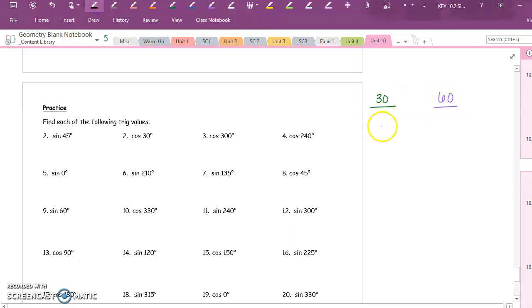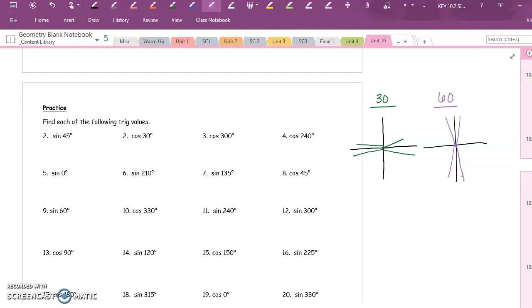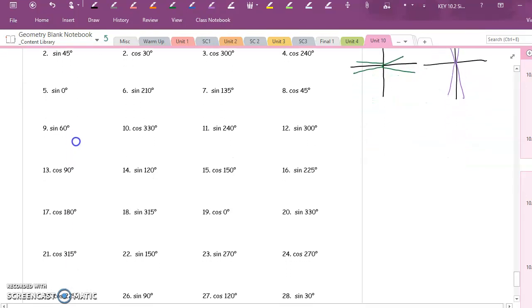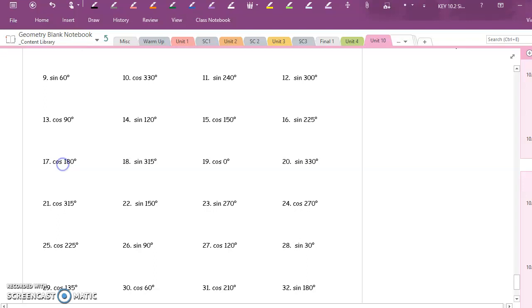So if I were to draw my graph, everything for 30 is closest to the x-axis, and then everything for 60 is closest to the y-axis. And then of course it goes cosine, comma, sine. So you're able to figure out all of the values of cosine, comma, sine based on the reference angle of 30, 45, and 60.